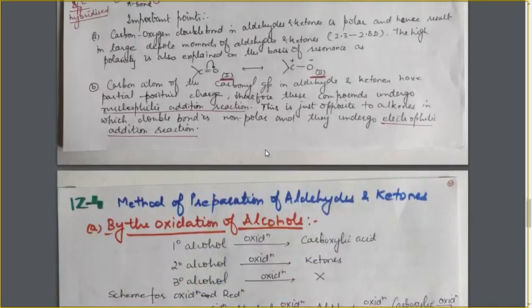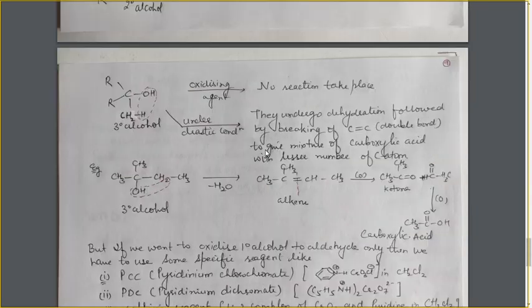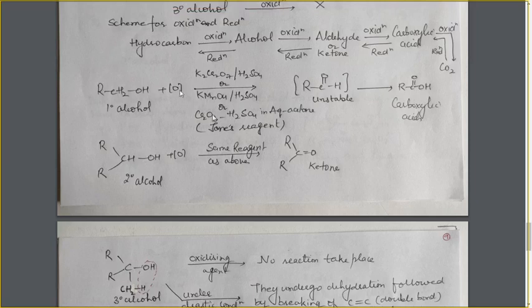Here we have discussed the different reagents. There are 3 different oxidizing agents for the oxidation of alcohols: acidified potassium dichromate, acidified KMnO4, and Jones reagent.